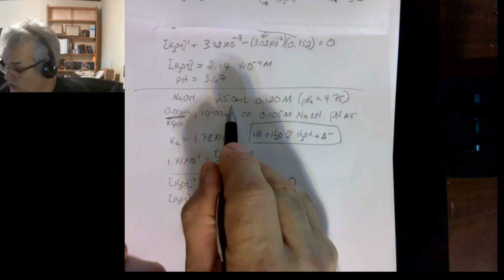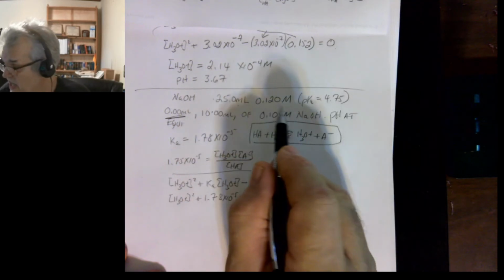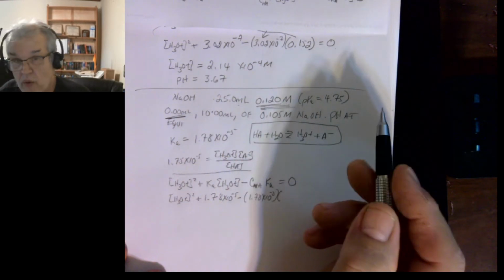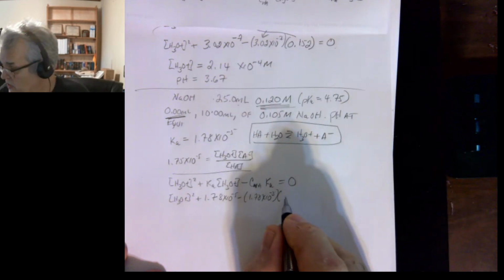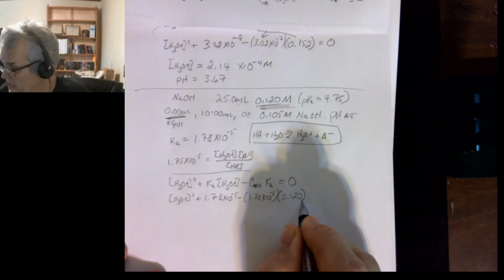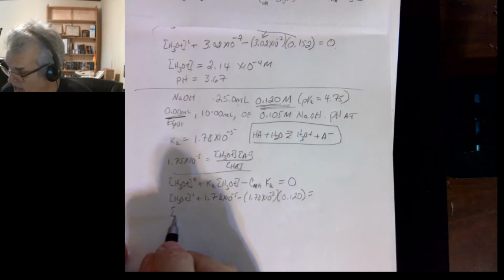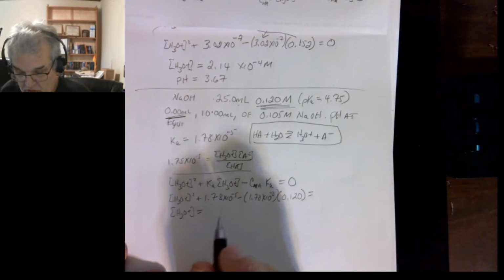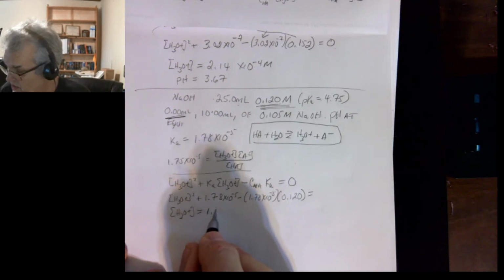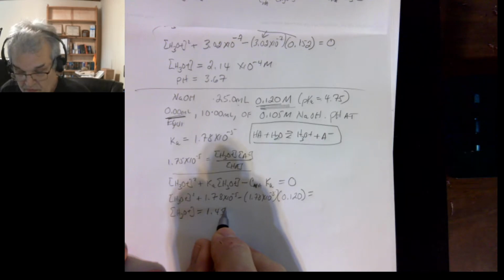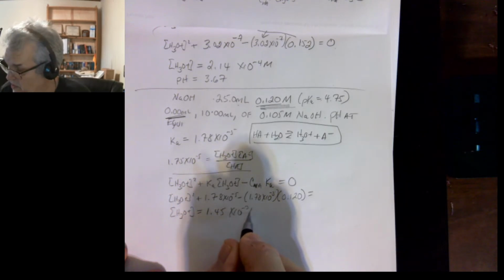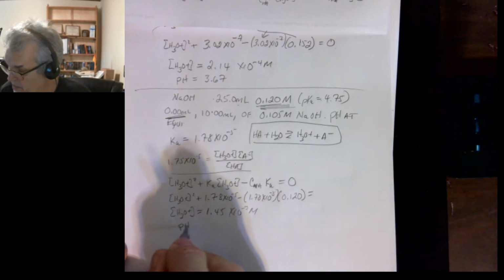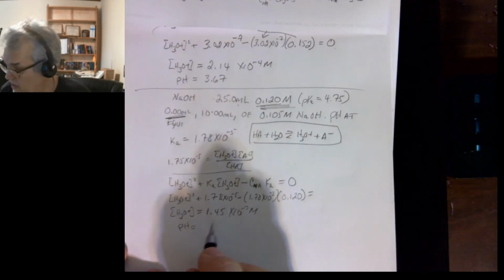Our analytical concentration doesn't matter how many milliliters. Analytical concentration was 0.120 molar. So 0.120 molar in here. We solve that quadratic, and we get hydronium ion concentration equal to 1.45 times 10 to the minus 3 molar. And therefore we get a pH equal to 2.84.